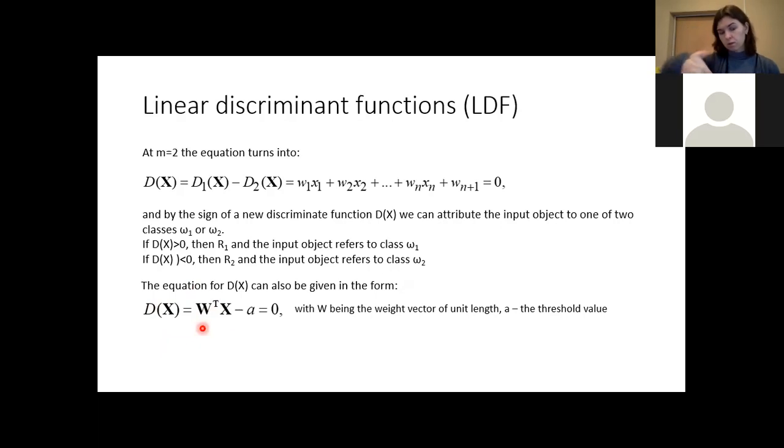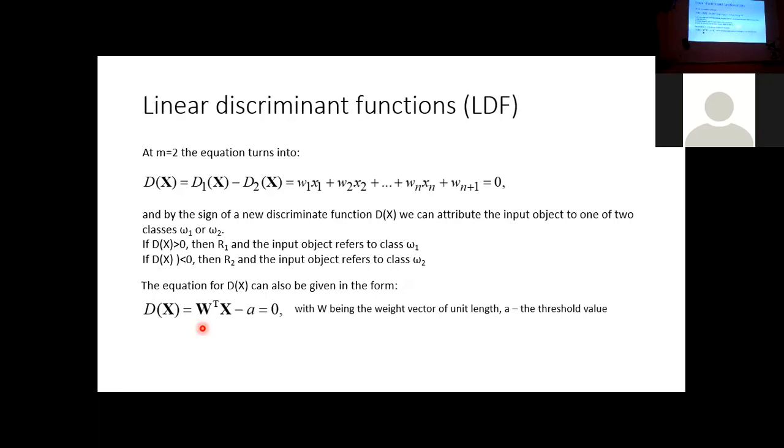We transpose the weight vector to have a row and multiply it by the column vector object. But in the most popular form in our case, we have objects in rows. As you remember, in the table, objects are in rows and features in columns. So what does it mean? That we need to transpose the object also.